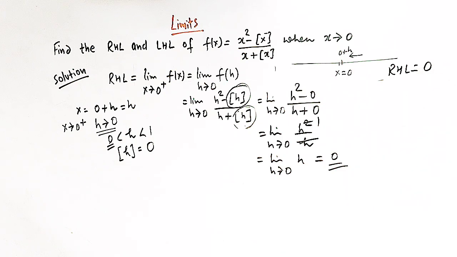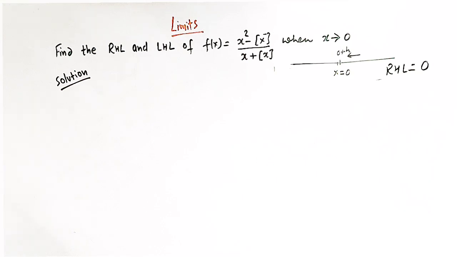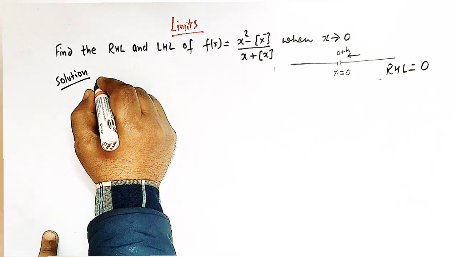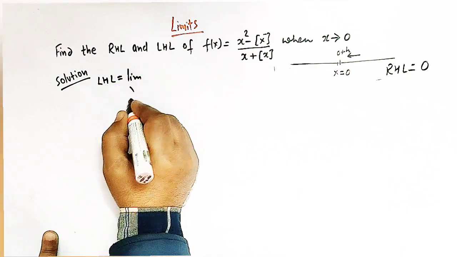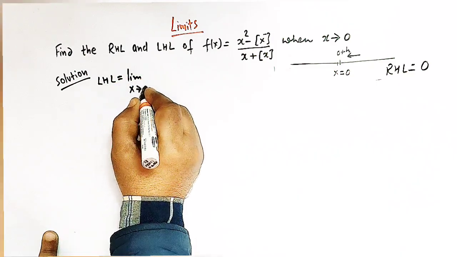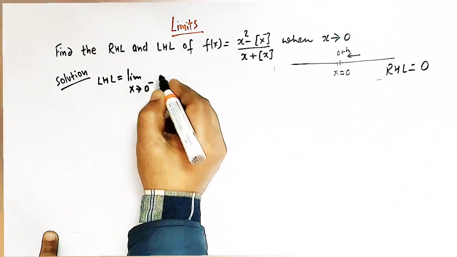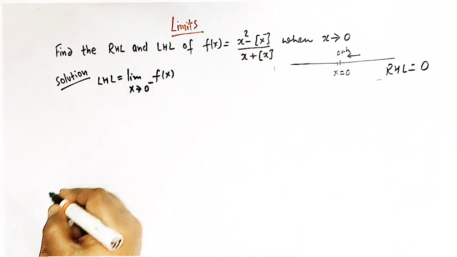So now let us find out the left hand limit. So now the notation for the left hand limit is the limit, here we have x tends to 0, and we put a negative sign here, and here we have f of x.